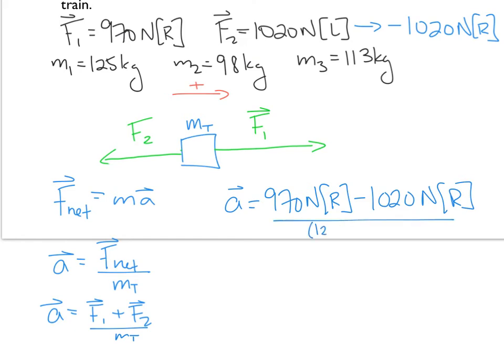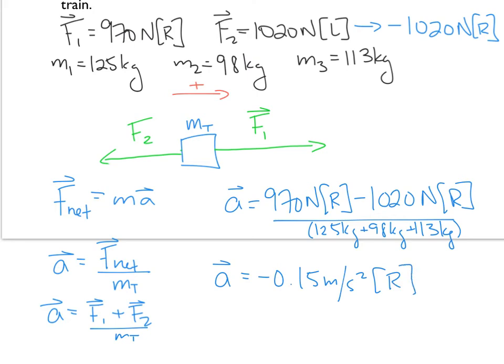So 125 kilograms plus 98 kilograms plus 113 kilograms. And that comes out to negative 0.15 meters per second squared to the right.